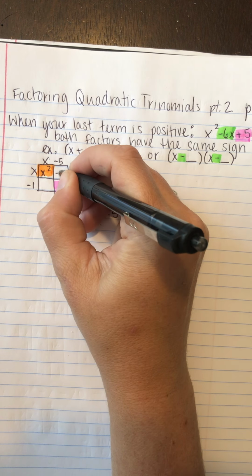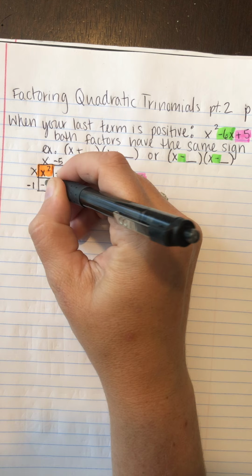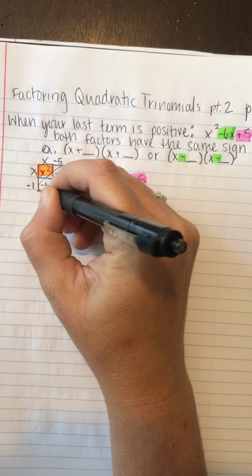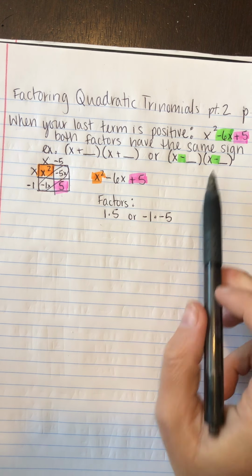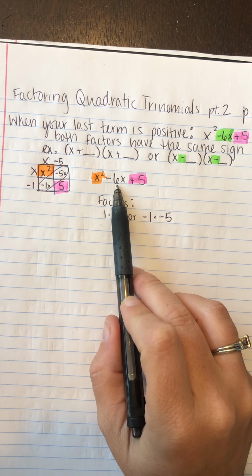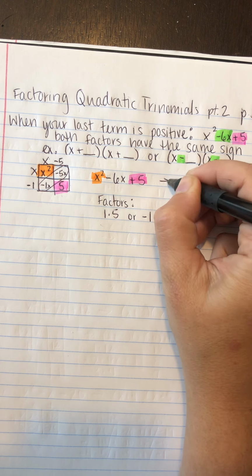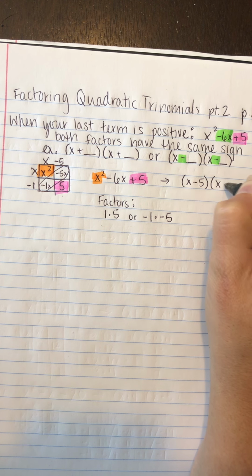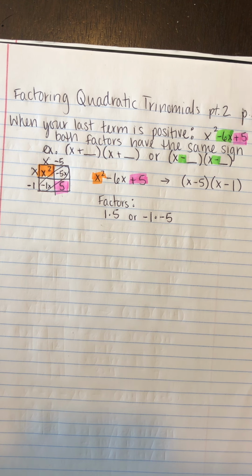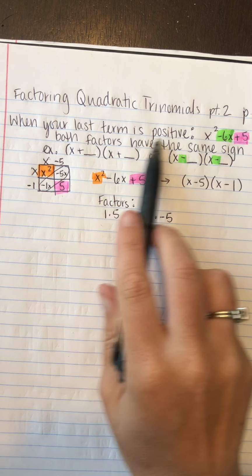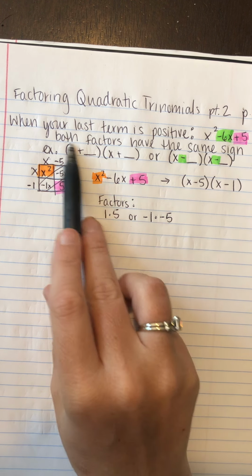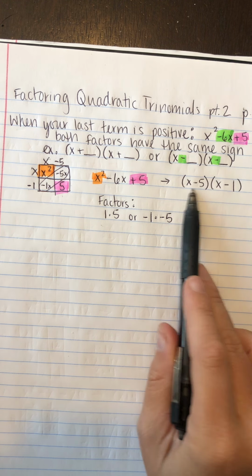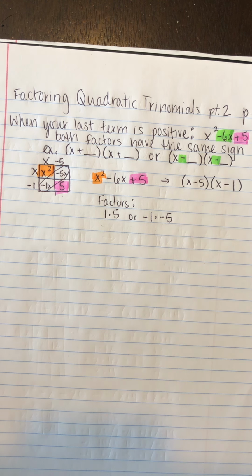This becomes -5x. This becomes -1x. And when we combine them, it does give us that middle term of -6. So our final answer here is x minus 5, x minus 1. So that holds true to what we just set up here. If the last term is positive, which it is, both factors should have the same sign. And they should both be negative because our middle term is negative.